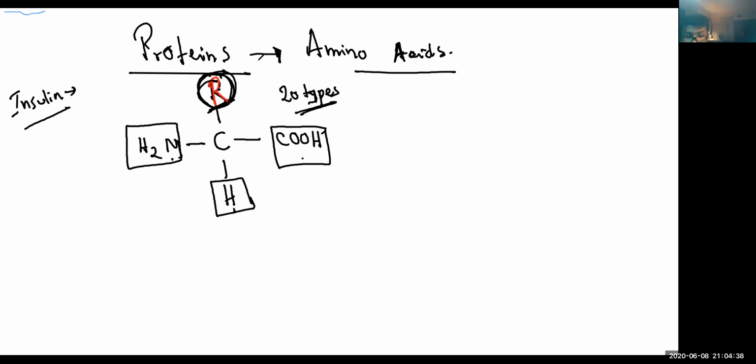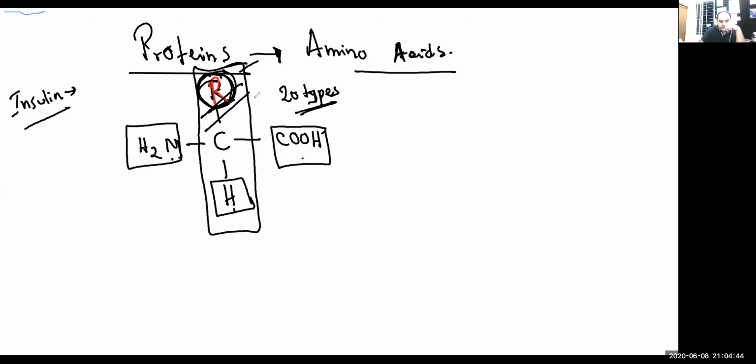Okay. So we can draw this whole thing as a box because they do not participate. So what participates? Only NH2 and only the carboxylic acid. So how can we draw this?